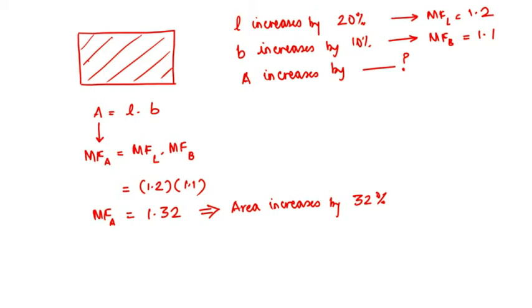Did you understand what I did? Whatever is the formula, I converted that into a multiplying factor formula, and then I equated the expressions to get my answer. The moment I got multiplying factor is 1.32, this can be written as 1 plus 32%. Therefore, I am saying it increases by 32%.